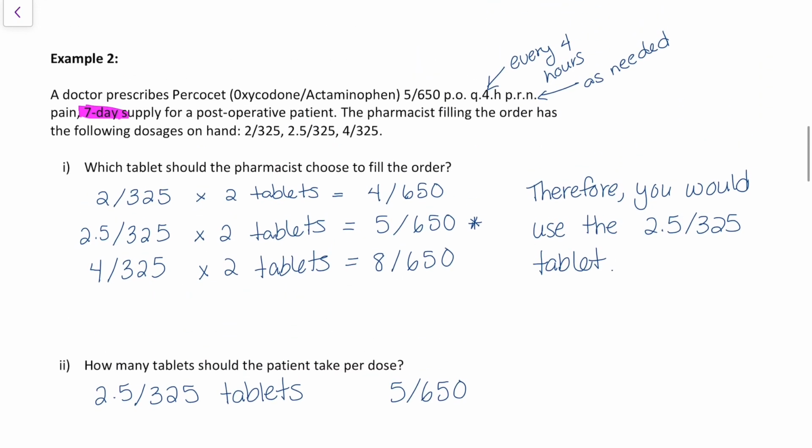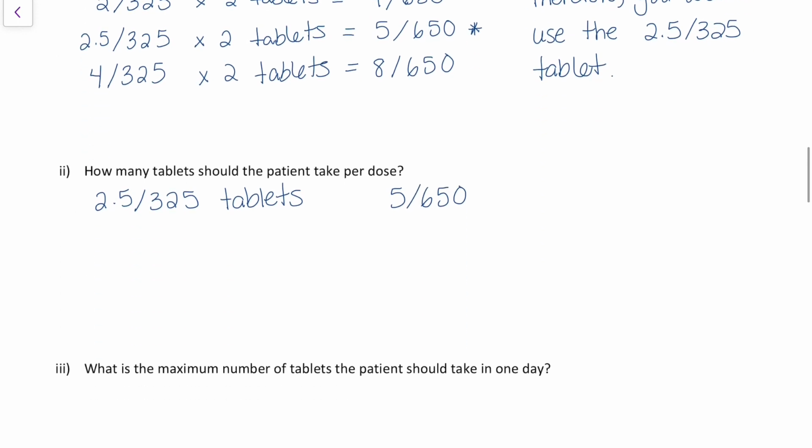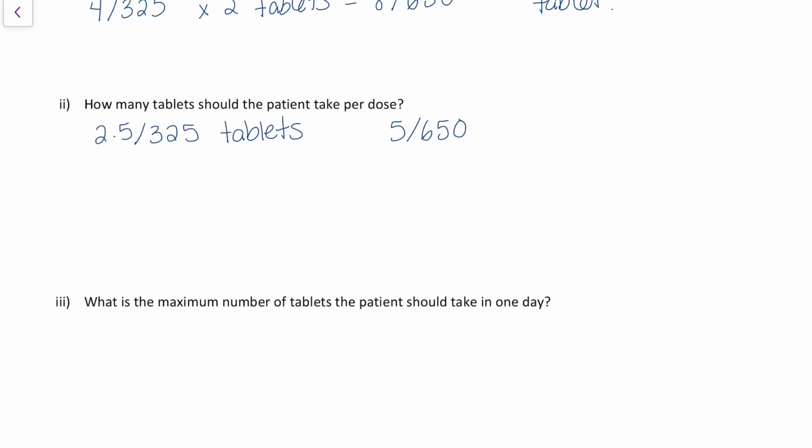Remember, for each dose, we're just looking at the actual amount of medication we want in each dose. I'm not looking at how often they need to take it or how they're taking it. I'm only focusing on how much they need to take each time. And I've chosen the 2.5, 325 tablets.